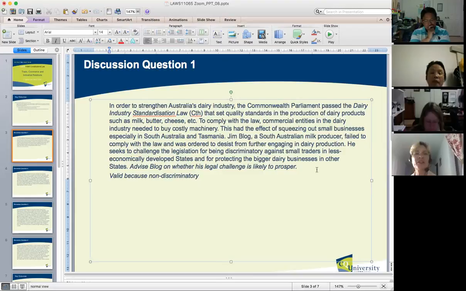The first question I asked myself was, was the law valid? Was it valid or was it invalid? Was it unconstitutional? But Jim Blogg is claiming that it is in fact discriminatory against small traders because it requires them to buy costly machinery.